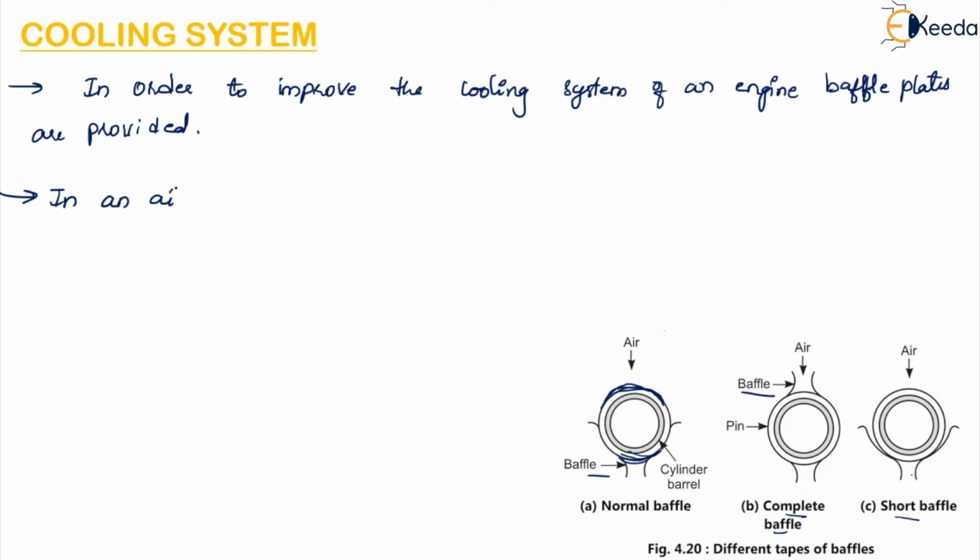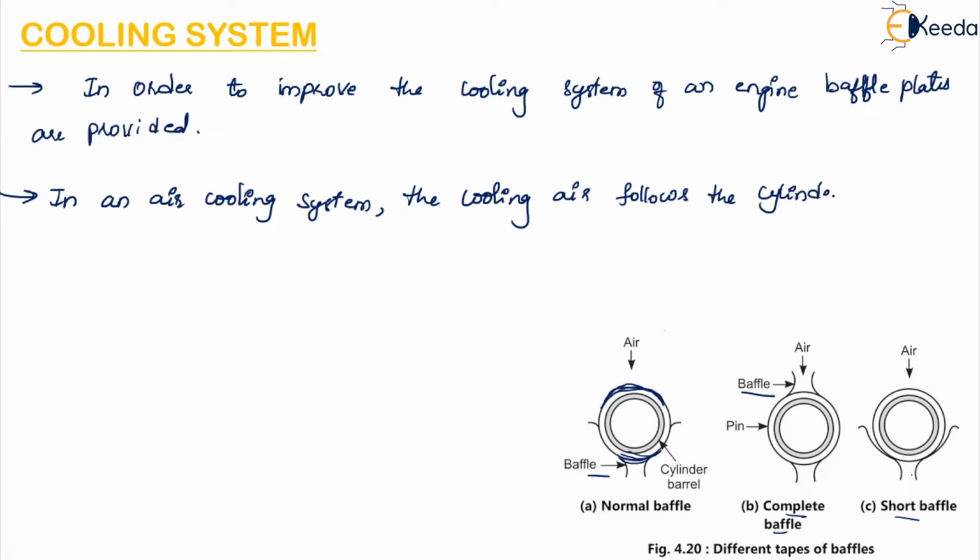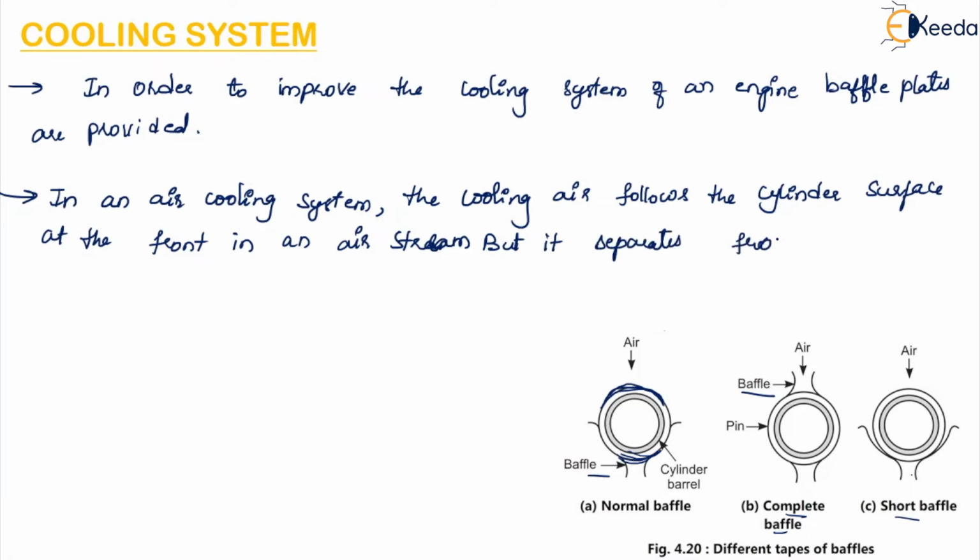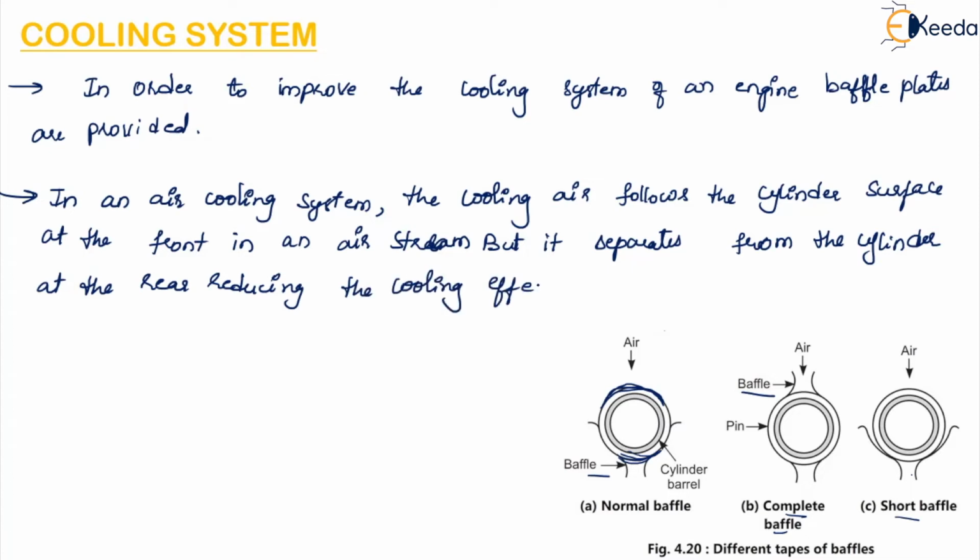In an air cooling system, the cooling air flows over the cylinder surface at the front in an airstream, but it separates from the cylinder at the rear, reducing the cooling effect of the air stream on the rear of the cylinder.